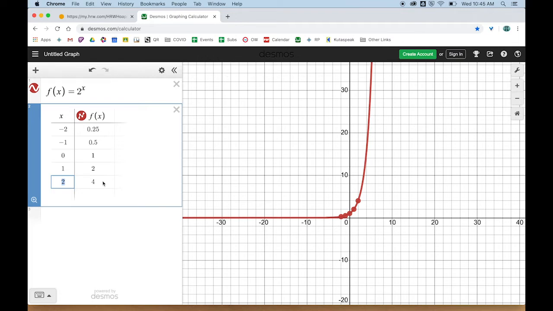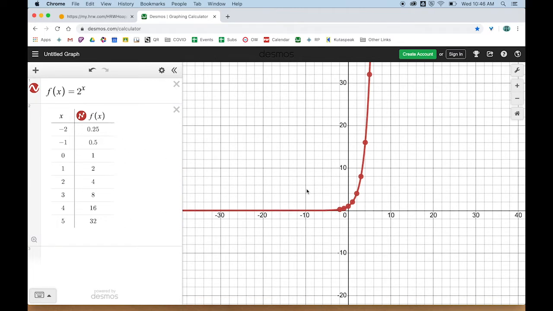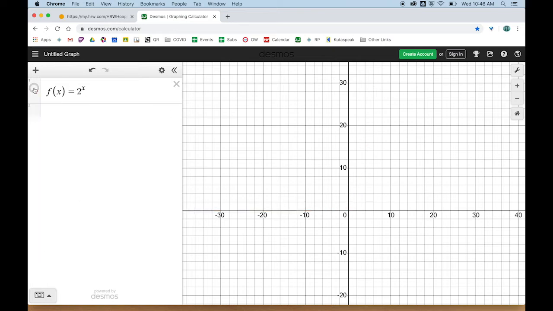Also, if you want to extend it, you can just go in the last row here and hit enter, and Desmos will create the table for you, so you can see what's happening with the numbers. All right, so there's what 2 to the x looks like. We might come back to that later. I'm going to get rid of the table just because I don't want this to get too messy, and then I'm going to turn off the 2 to the x for now.